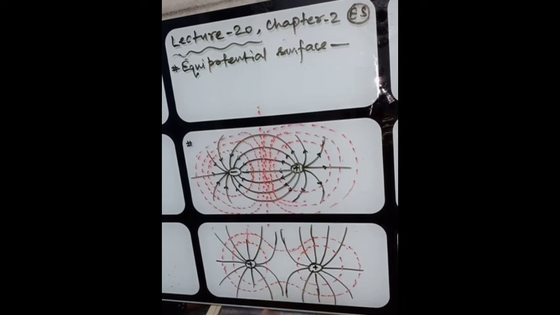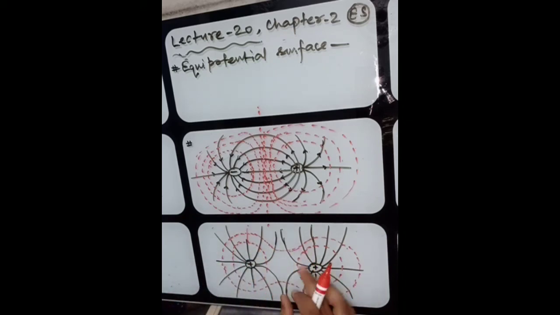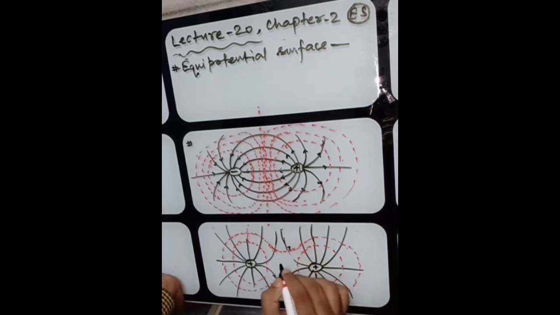Two equipotential surfaces, when they come near, merge into each other. If I make it like this, it should not be there. So they merge into each other but never intersect, so that you can get the electric field lines everywhere perpendicular. Over here it is perpendicular, here also it is perpendicular.